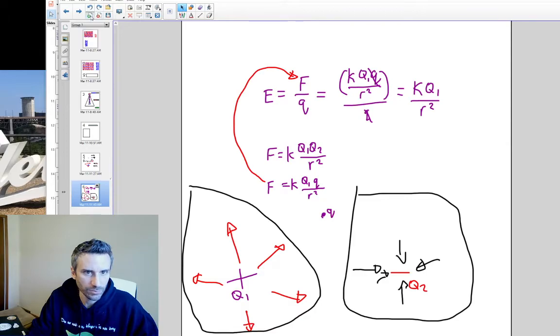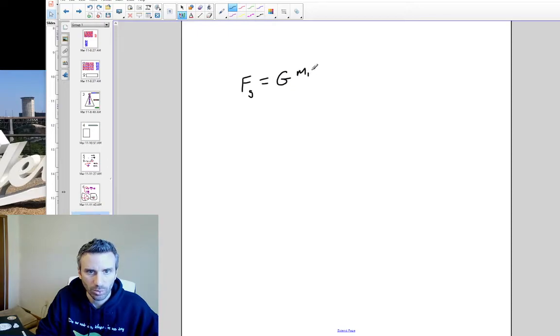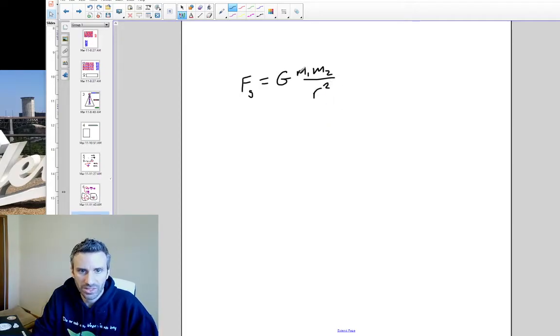Before, the force of gravity was equal to big G times m1, m2 over r squared. I would hope that's familiar, where this is the mass of one object, the mass of the other, the distance between them, and then the gravitational constant, and that's the force of gravity between two planetary objects, or maybe between the planet and you.